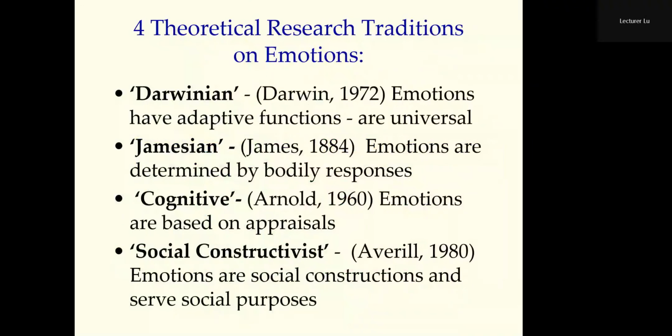Here we're going to summarize what we have talked about today, especially the four theoretical research traditions on emotions. We've talked about Darwin's theory: emotions have adaptive functions and they're universal, because the functions are meant to keep all humankind surviving.